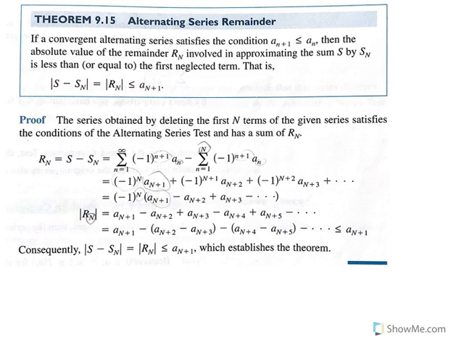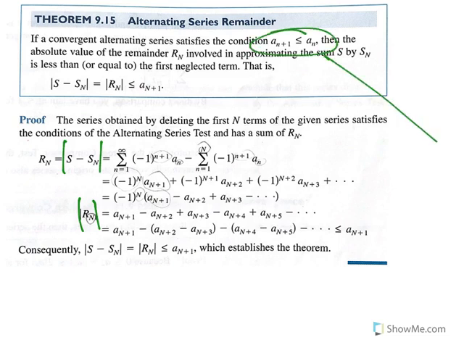And then we call this here, and the next thing is, let's look at the absolute value of that. So what happens when you look at the absolute value? Well, you no longer have negative signs anymore. You just have positive.